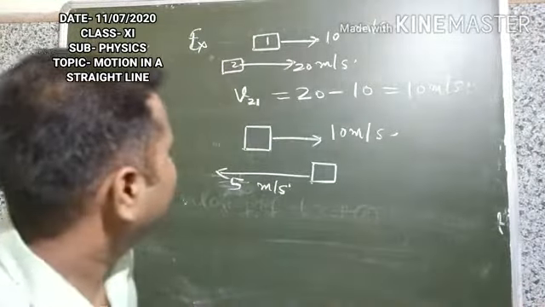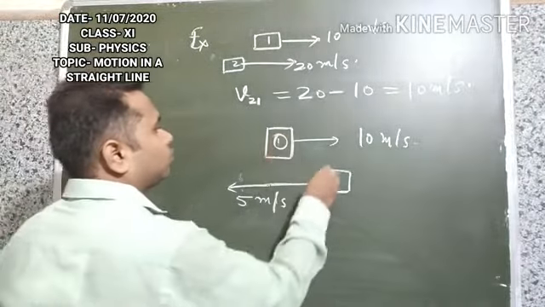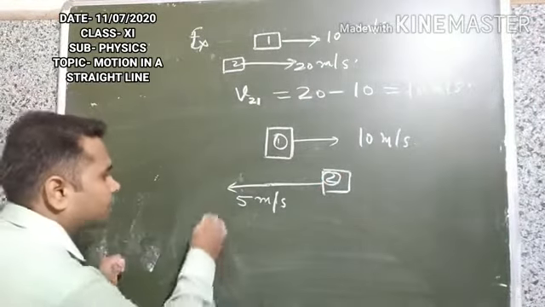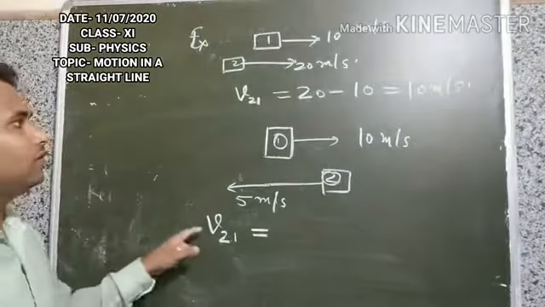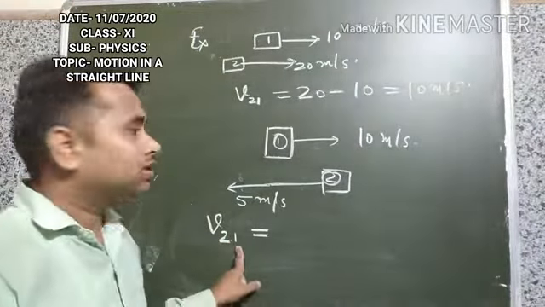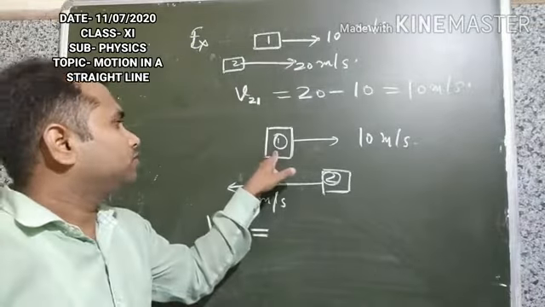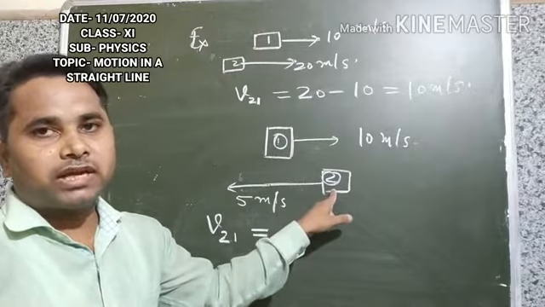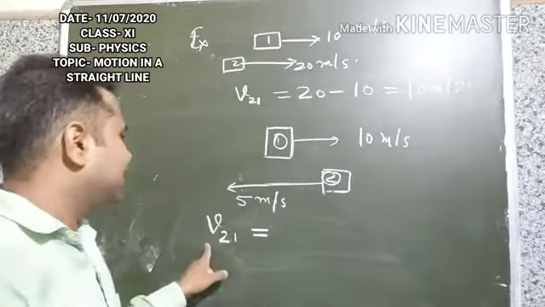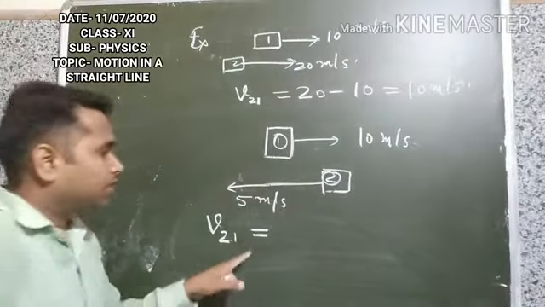Now suppose this is object 1, object 2. So relative velocity of 2 with respect to 1 means you are sitting in the first bus and you are observing the speed of the second. Then the speed of the second observed by you is the relative velocity of second with respect to 1.